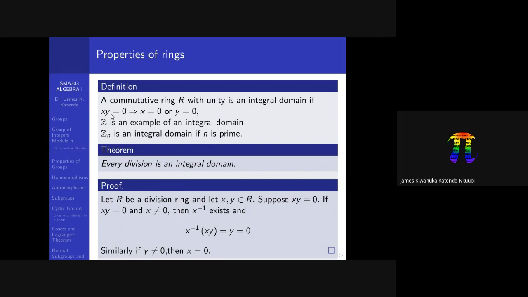So it says if you pick any two numbers and multiply them to get 0, the only way that can happen is if one of them is 0 or both. But at least one of them should be 0. So such a ring is an integral domain. This is true in the ring of integers. The real numbers also will be an example.